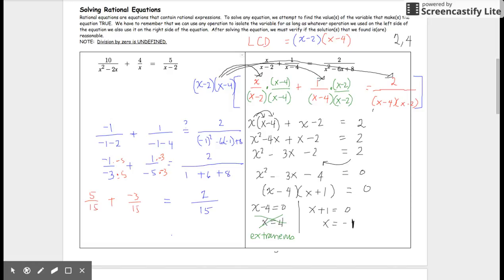And this is going to give us 2 over 15, which is equal to 2 over 15. So that means x equals -1 is a solution. That's it.